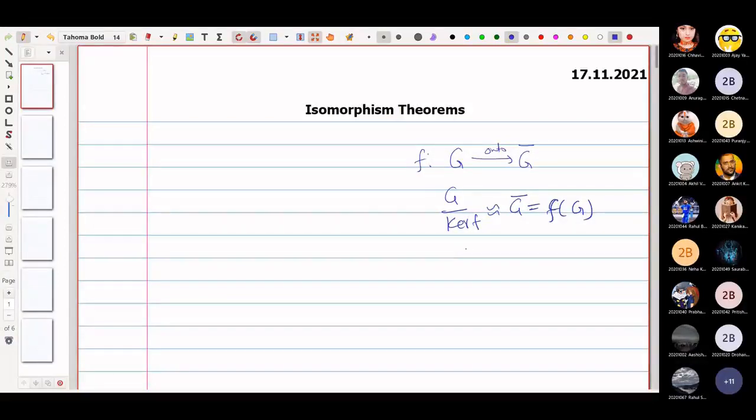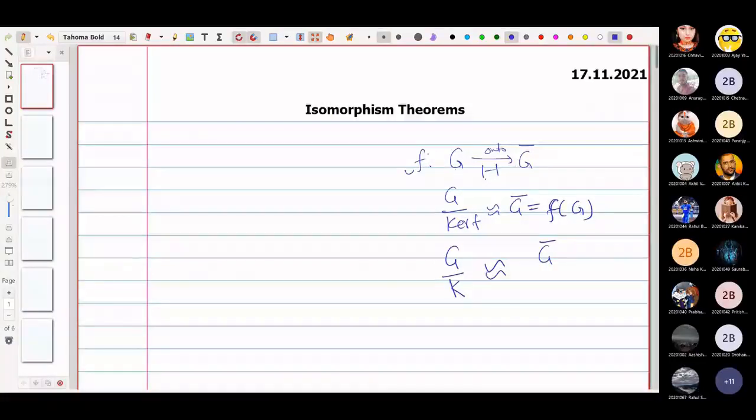So in order to prove that some group G and G bar are related through a quotient group, suppose this is K, G by K is isomorphic to G bar. We need to find a map f from G to G bar which is one to one and onto as well as a homomorphism.